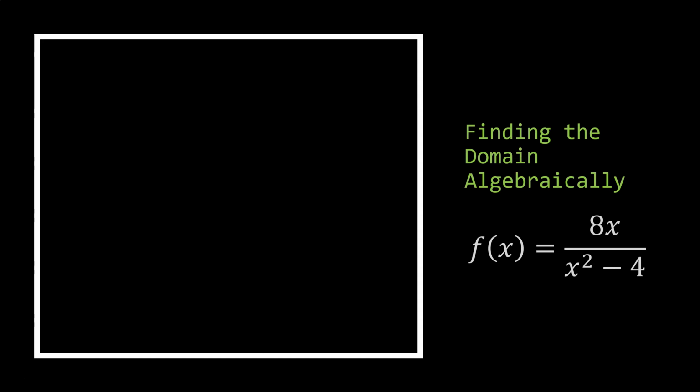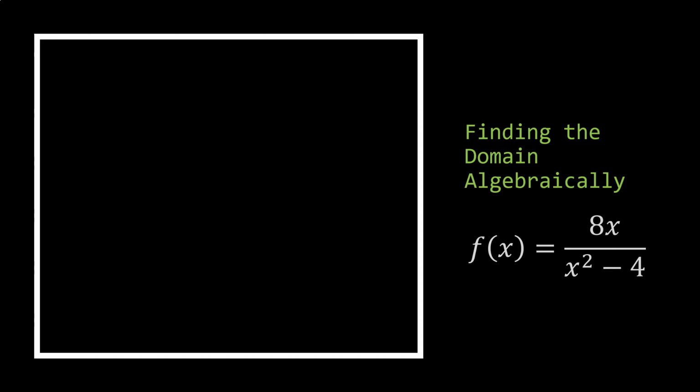Now, when looking at this function, we read that as 8 times x and then all divided by x squared minus 4. We have to pay attention to the operations that are being done to x. Multiplying by 8 can always happen. You can always take a number and multiply by 8, so there's no restrictions there.